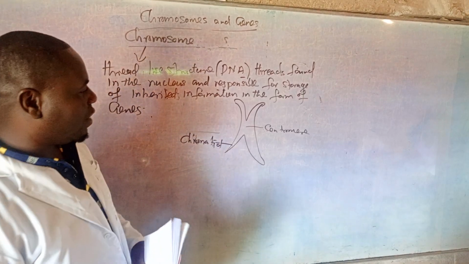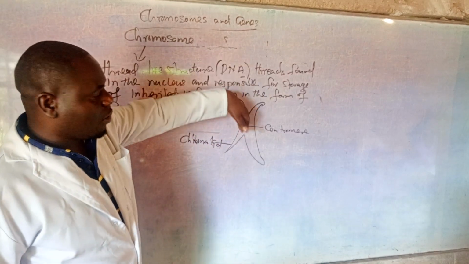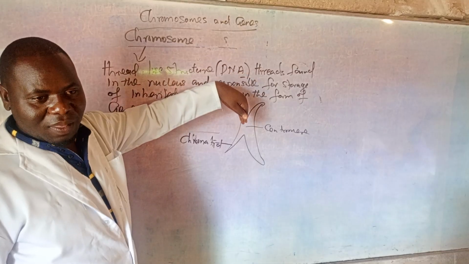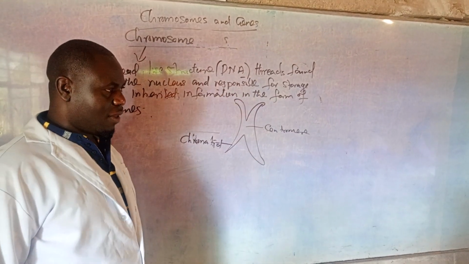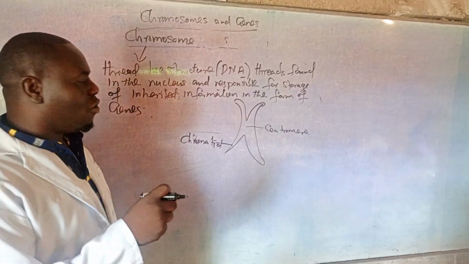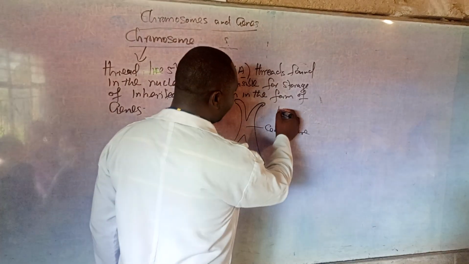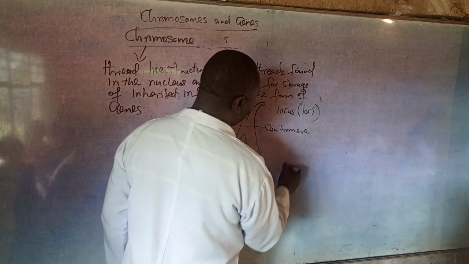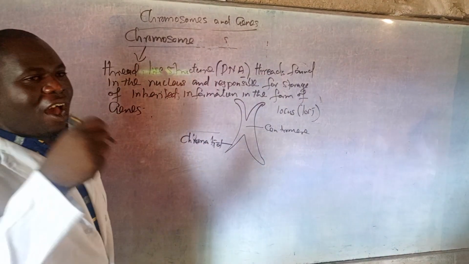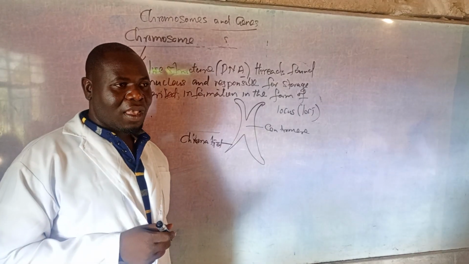So in short, this is a chromosome, and in the chromosome you can find a gene. Genes are found in the chromosome at an exact point called the locus. So where are genes found in the chromosome?